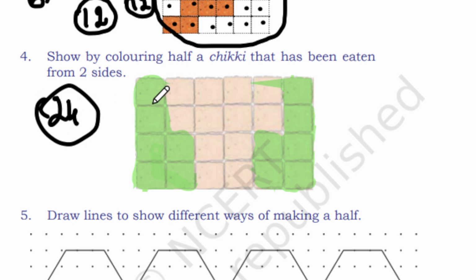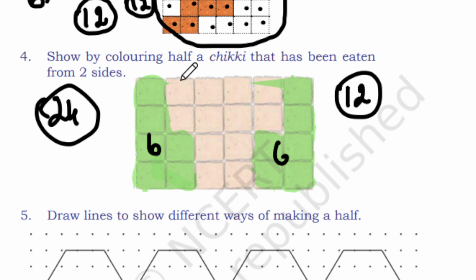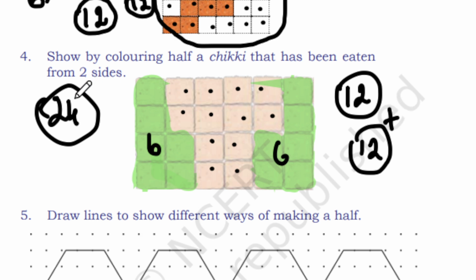So the half part: 1, 2, 3, 4, 5, 6. So this side we have 6. 1, 2, 3, 4, 5, 6. So this side is also 6. So 6 plus 6 is equal to 12. So 12 chickies have been eaten and left out again 12. 12 plus 12 is equal to 24. So we have done it correctly.